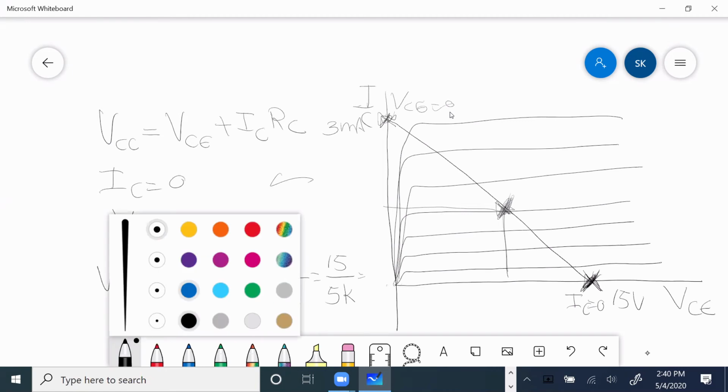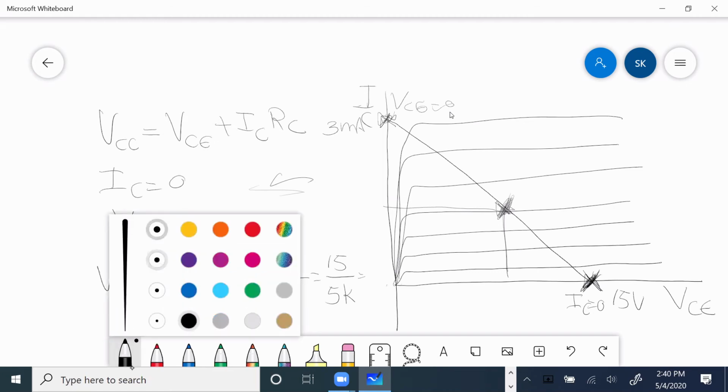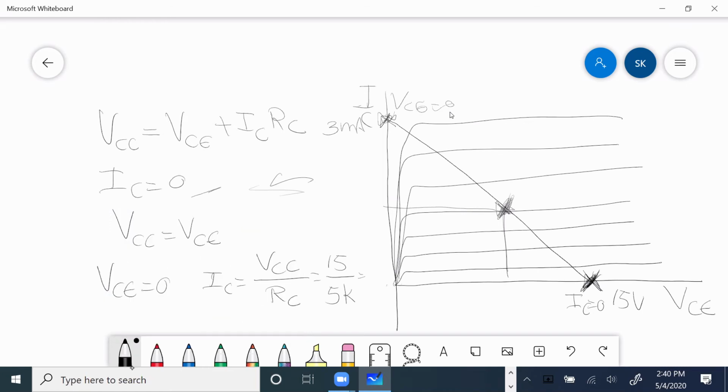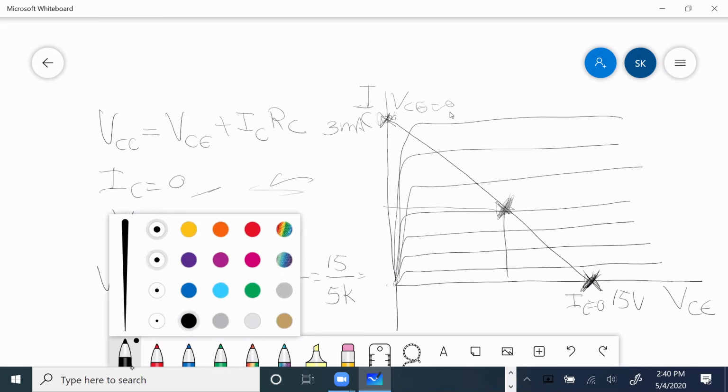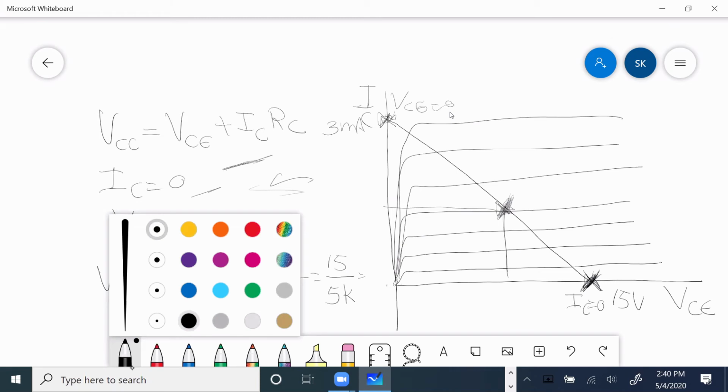Why is it not getting any bigger? I don't know what's happening here.